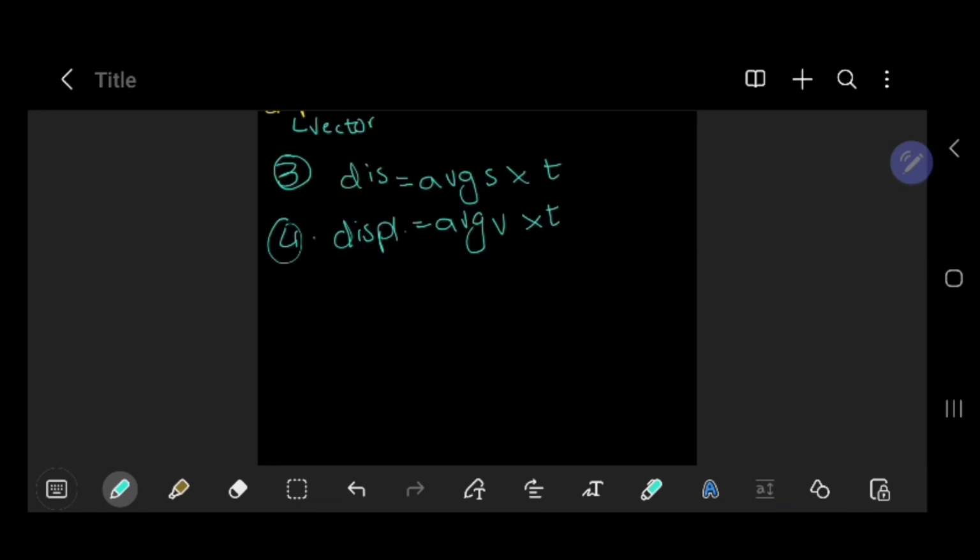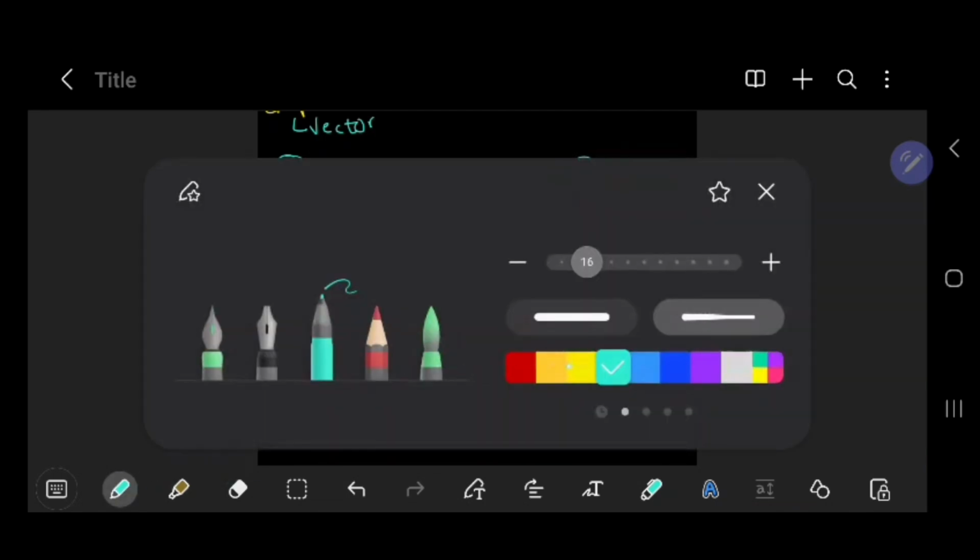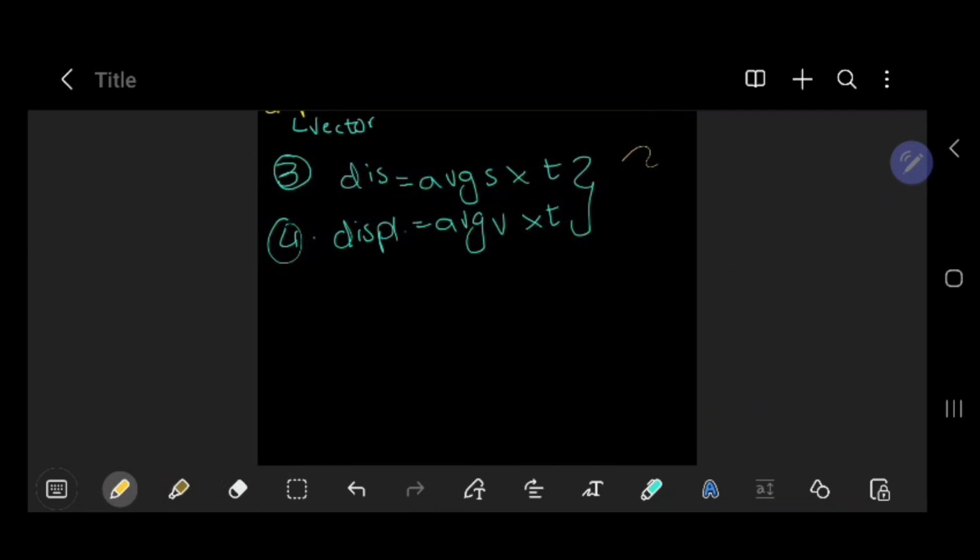There is also a condition when we use both of these, which is that we only use them when speed and velocity are changing. I think I made my point clear.